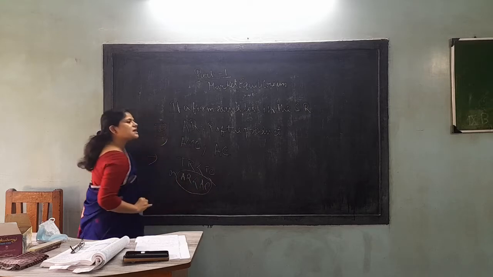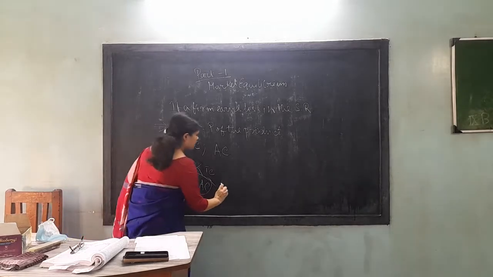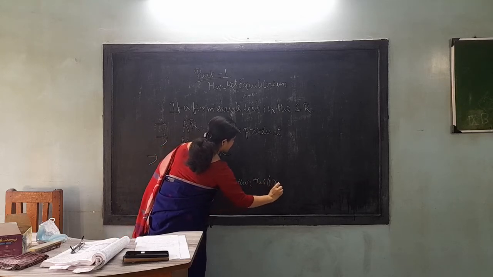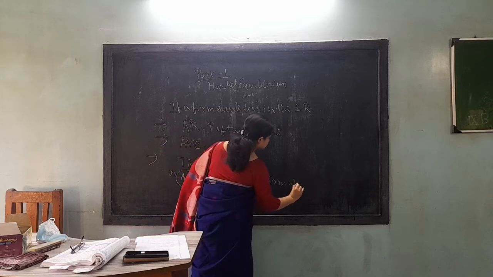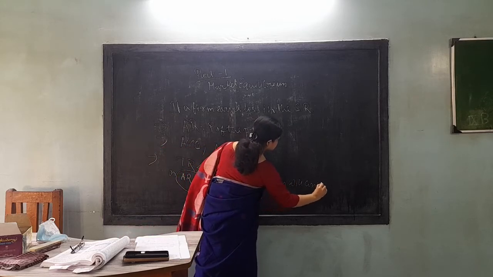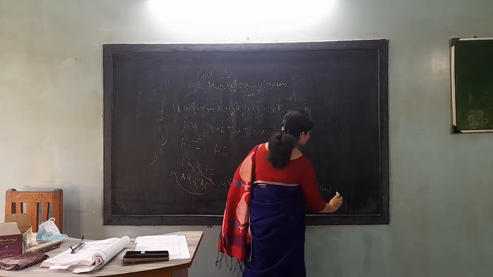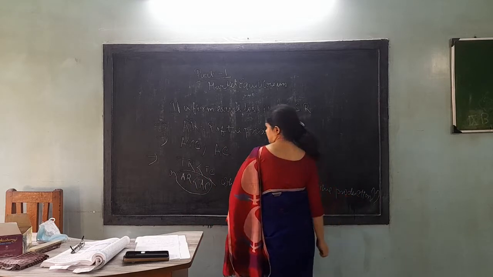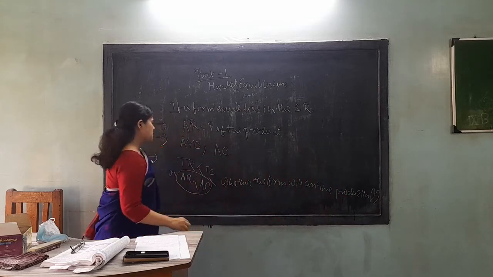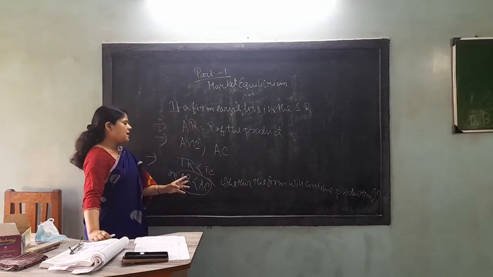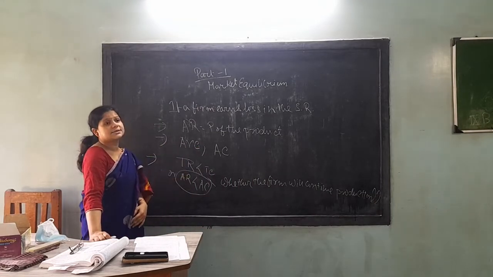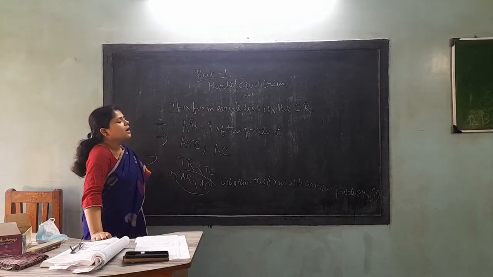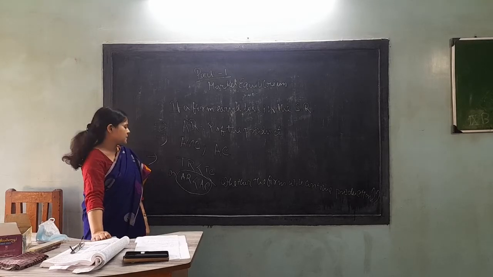If the firm is earning loss, whether the firm will continue production? If AR is lesser than AC, or TR is lesser than TC, in the short run, under this situation, will the firm continue its production or will the firm stop its production?